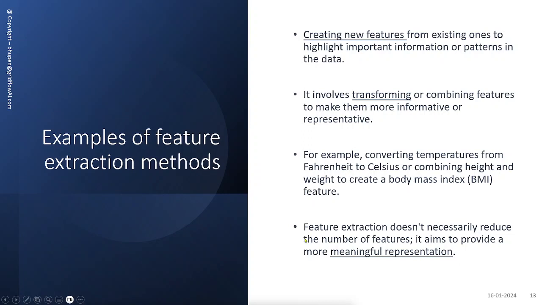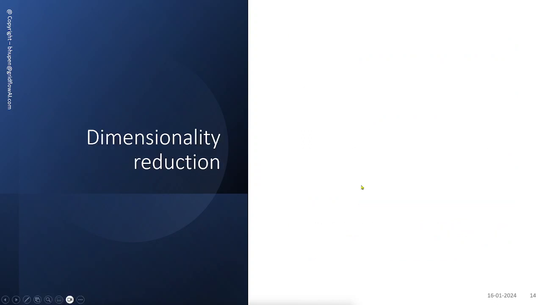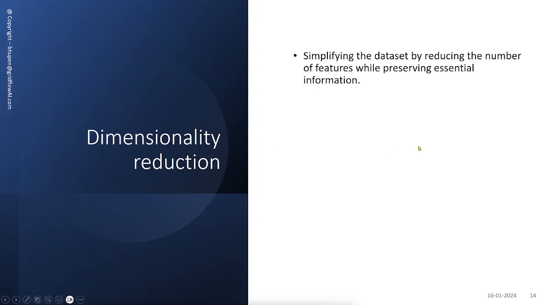It is more about finding an alternate representation of your data set by using some of the advanced mathematics like PCA, eigen decomposition, singular value decomposition, factor analysis. All of these methods we will cover in this video series. Dimensionality reduction is one of the very popular feature extraction methods.